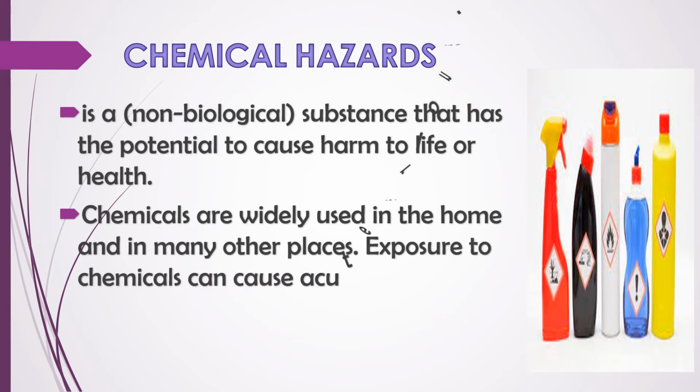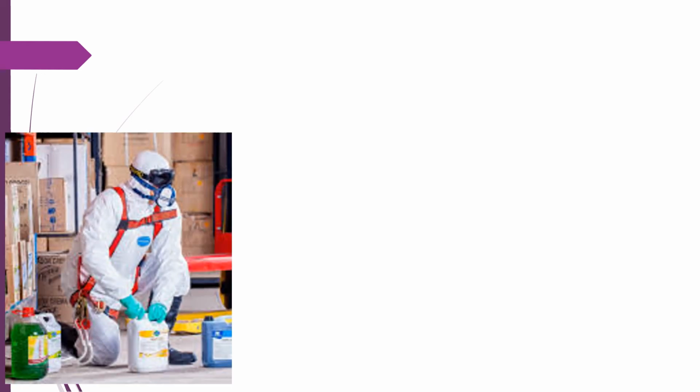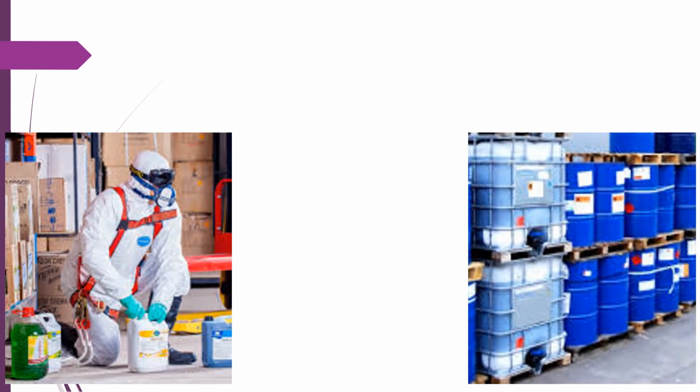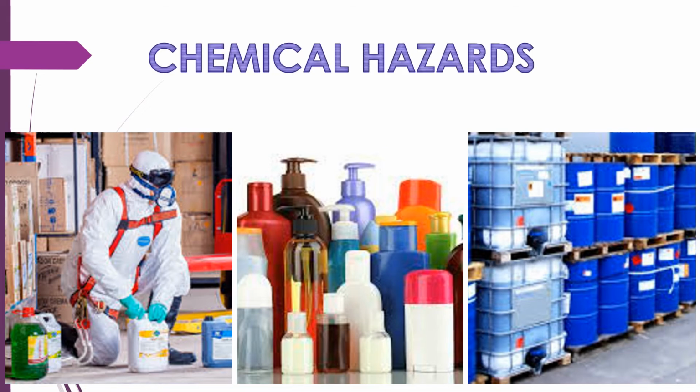Exposure to chemicals can cause acute or long-term detrimental health effects. A chemical can be considered a hazard, such as agricultural and industrial chemicals, as well as products developed for home use, because of a variety of negative effects. These are examples of chemical hazards.